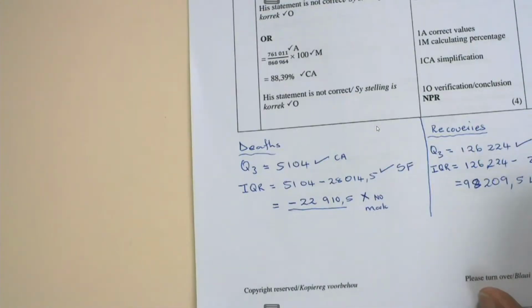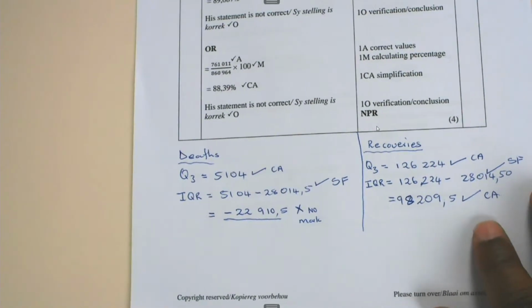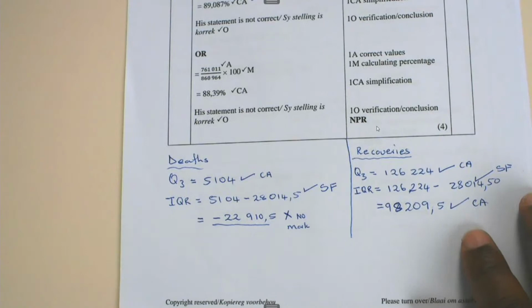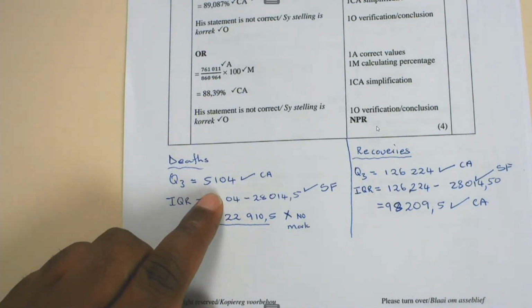Now let's look at the possible answers again. If the learners used death data to calculate Q3, their Q3 should be 5103.